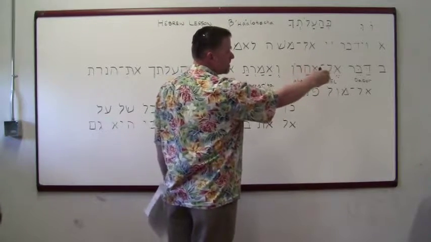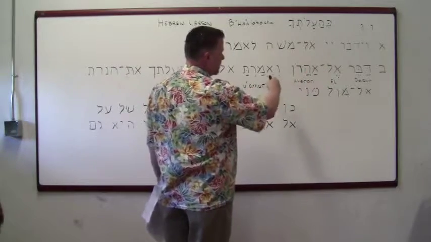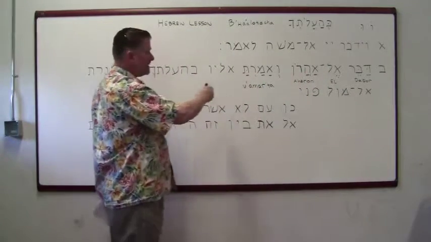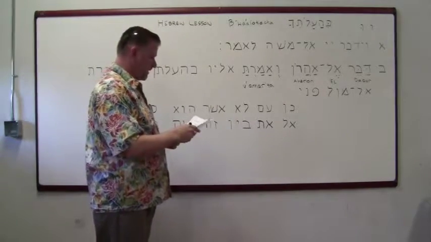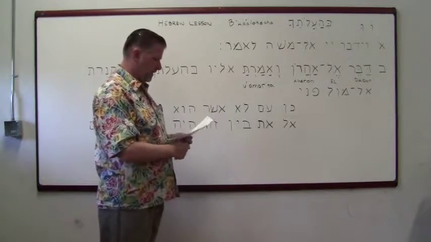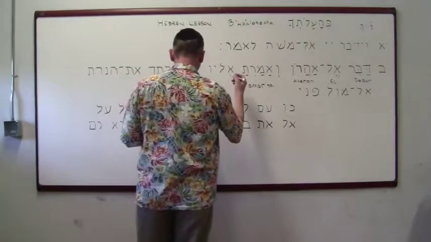So, say to Aharon, to say, okay, and let's work this one out. What do we have? I'll give you the vowel pointing.